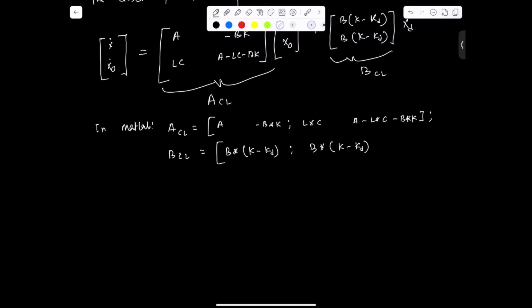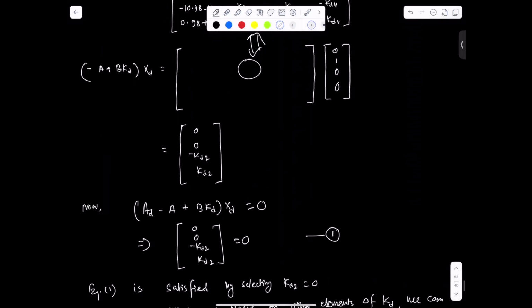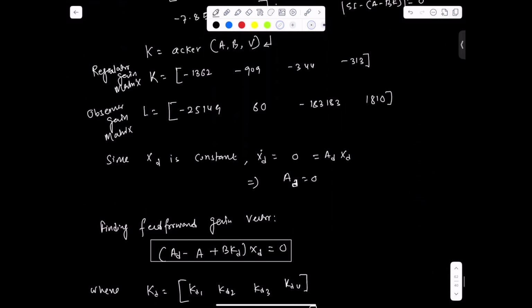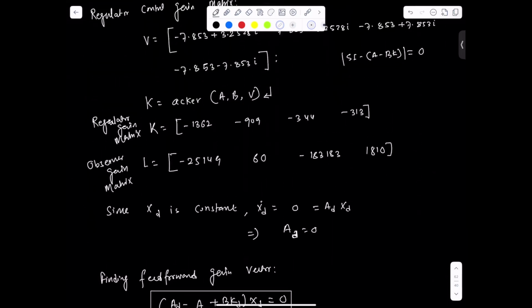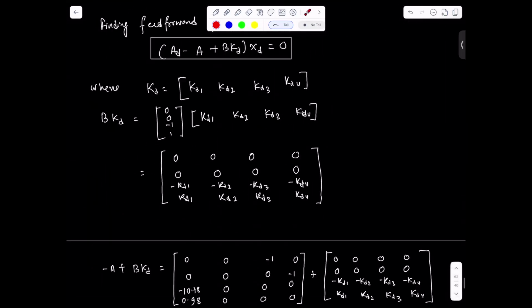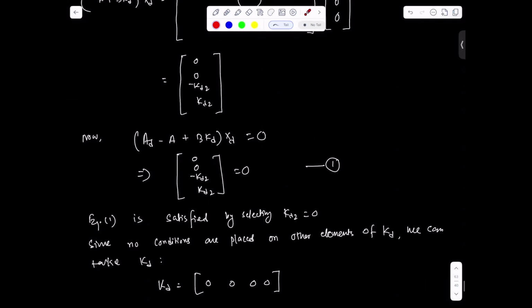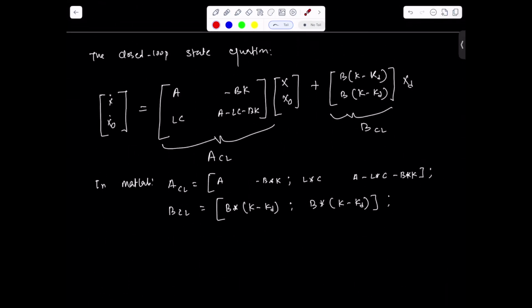So if you notice here, all the terms are given to us in this ACL and BCL. The only unknowns we had were K and KD. We have found KD here, and K we found before. Here also we have found the observer gain. So L and KD we have found. These are the gain matrices or vectors in this MATLAB code.